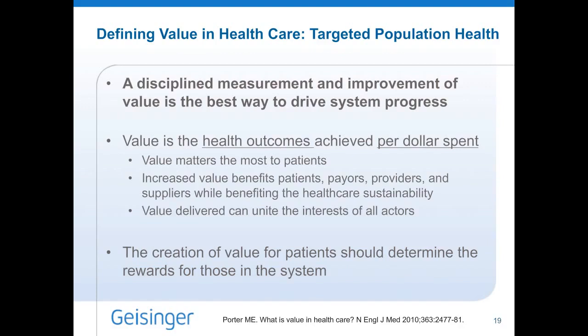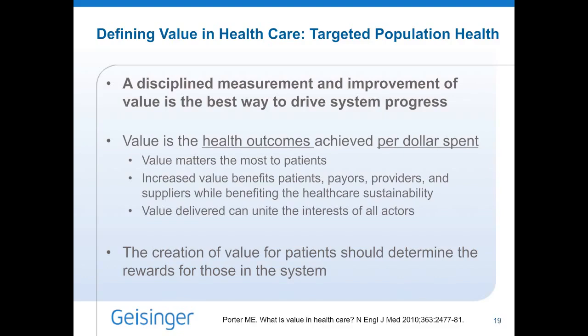So the creation of value for patients then should determine the rewards for us in the system who are good soldiers doing this, and it is also the premise of the SEP1 core measure: if you do better and adhere to these guidelines, your outcomes will be better, and so you should be financially rewarded for that.